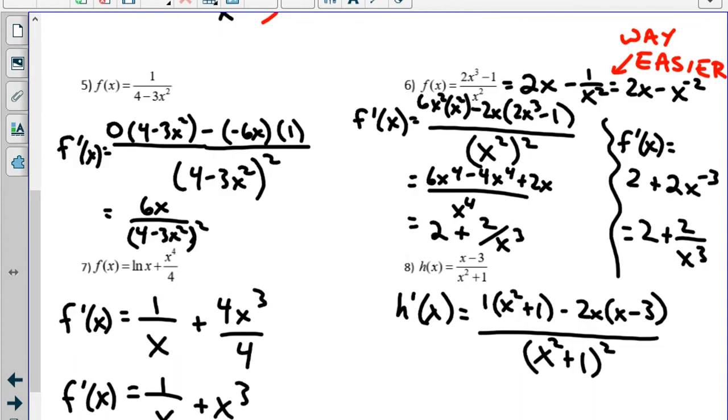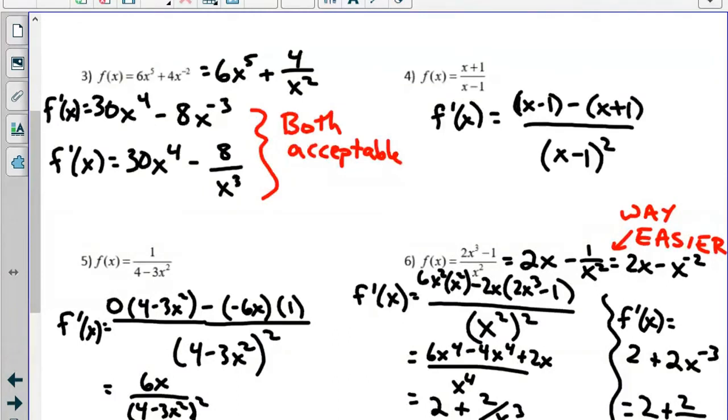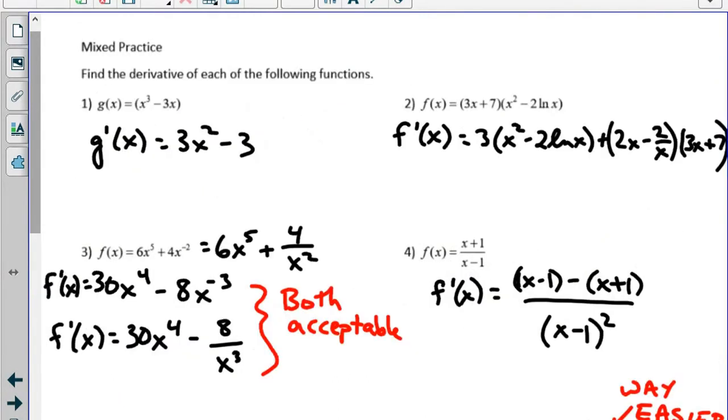And so that's very important to understand. Sometimes it is way, way, way easier to do a little bit of algebraic manipulation before you take a derivative. So that is our video lesson on the derivative rules.